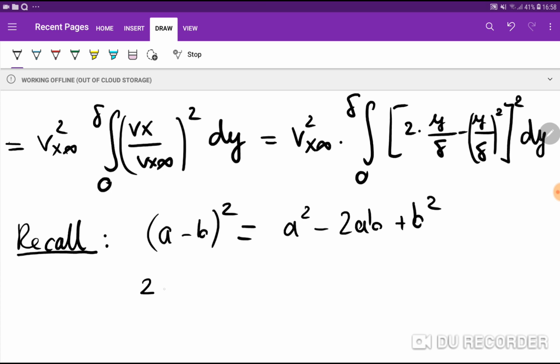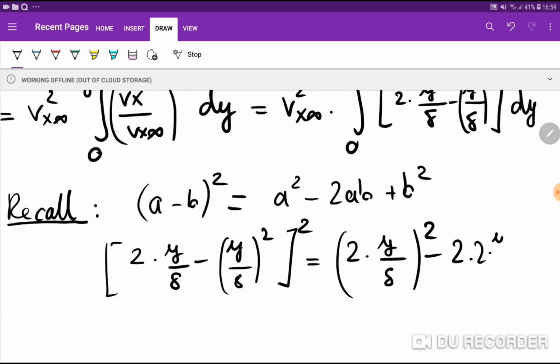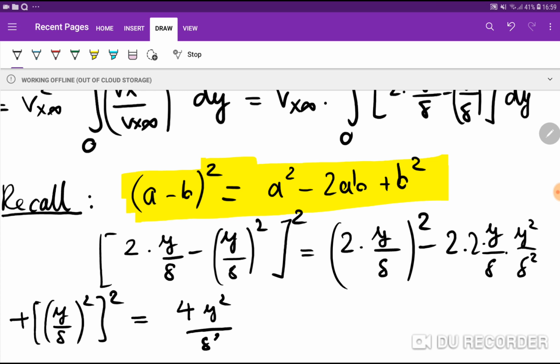So 2 times y over delta minus y over delta squared, all squared, equals 2 times y over delta squared, minus 2 times 2y over delta times y squared over delta squared, plus y squared over delta squared, squared. I just apply the theorem. Let me highlight it for y'all. If you expand it out and cancel, you'd have 4y squared over delta squared minus 4y cubed over delta cubed plus y to the fourth over delta to the fourth.